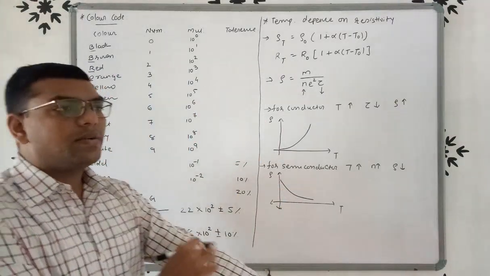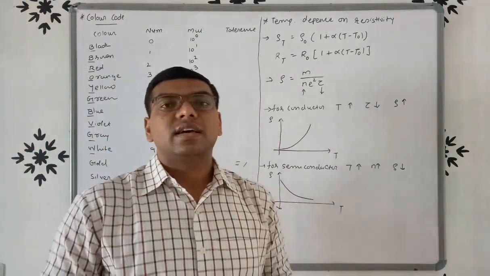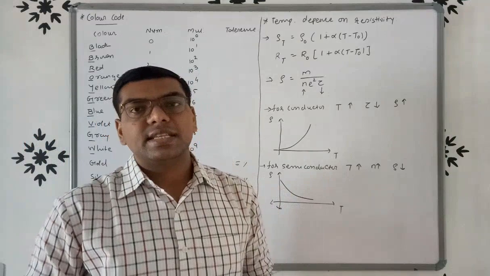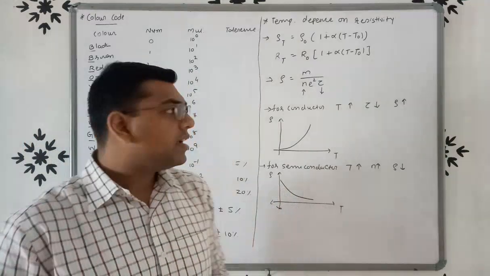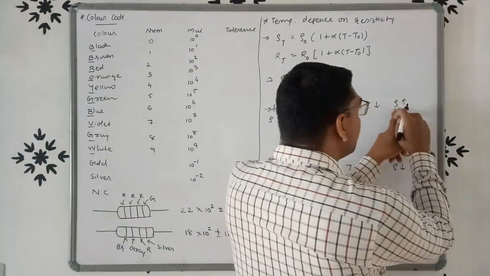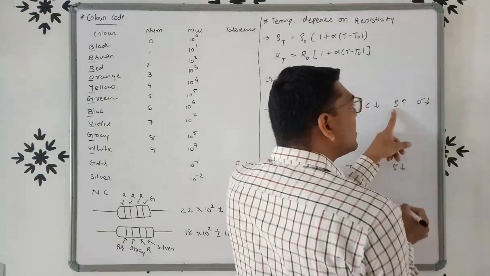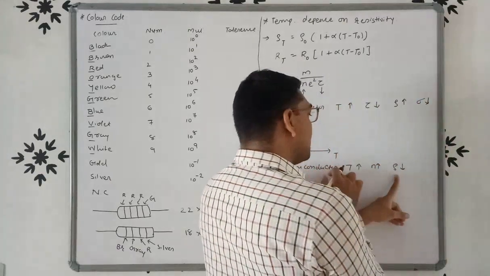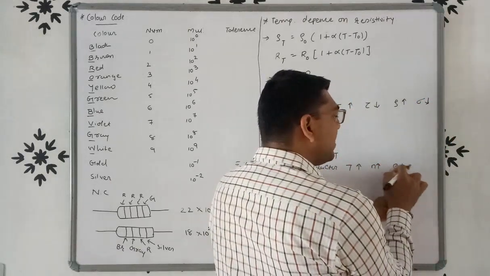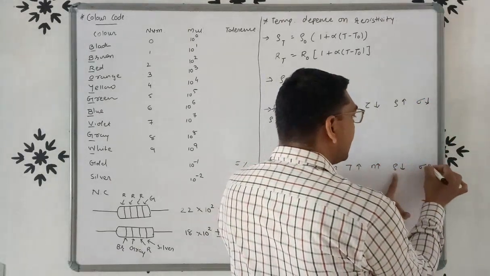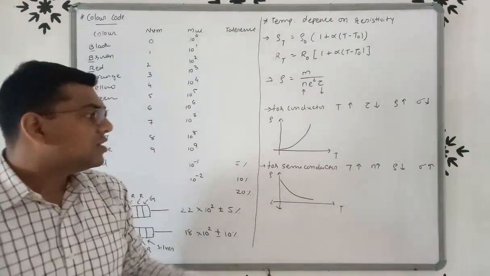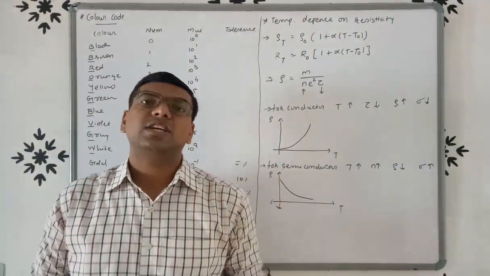Now we know that the reciprocal of resistivity is conductivity. So here, as the resistivity increases, conductivity decreases. And for a semiconductor, as the resistivity decreases, conductivity increases. Right? These are very important MCQs.